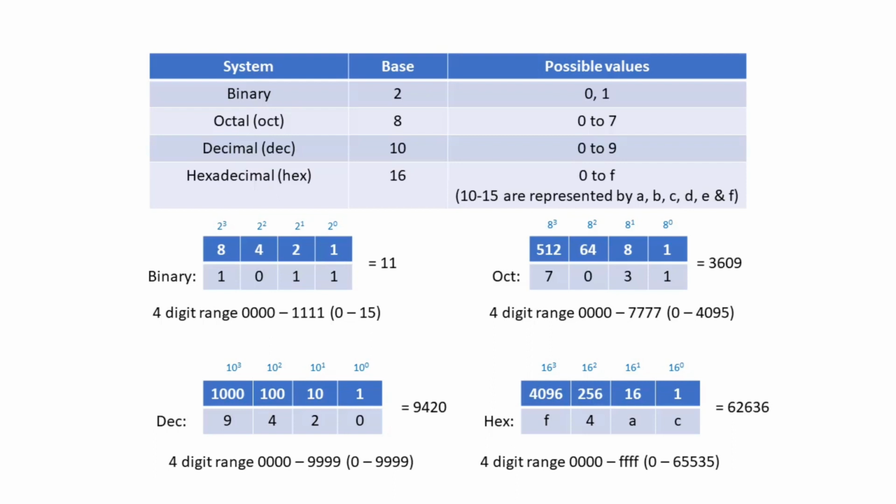To convert from any base system to decimal, you can draw a table like the one we used previously, but substitute the right column header values for whichever base you're working with.